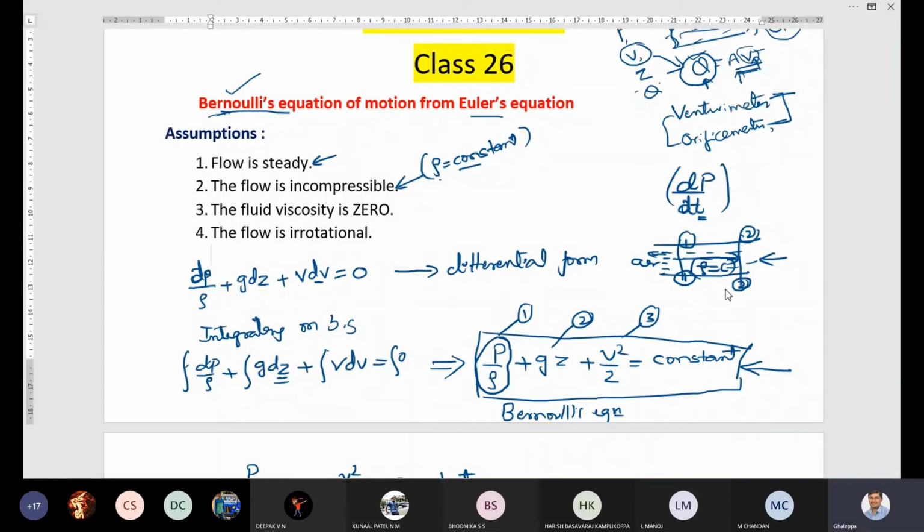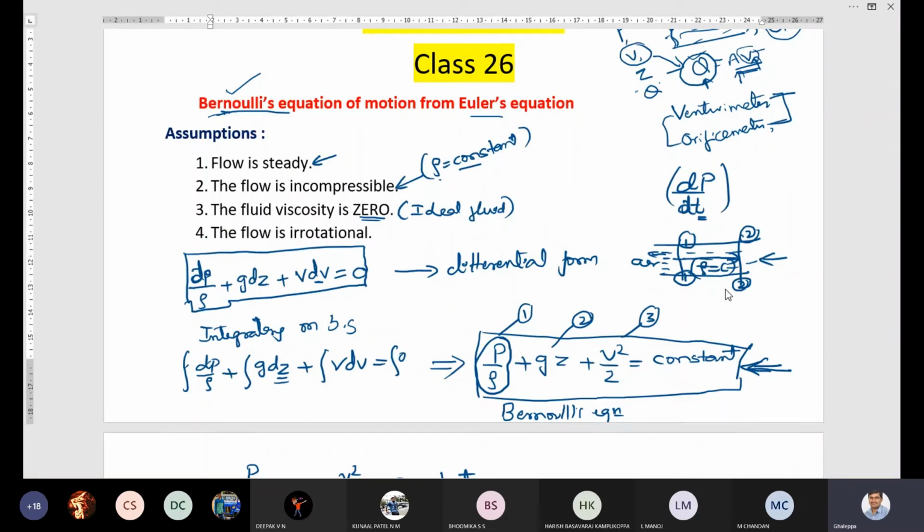Next, the third assumption is that the fluid viscosity is zero, or assume it is an ideal fluid. For that reason, in the Bernoulli's equation or in the Euler's equation that we derived in yesterday's class, there is no term related to viscosity. We have assumed that it is zero.